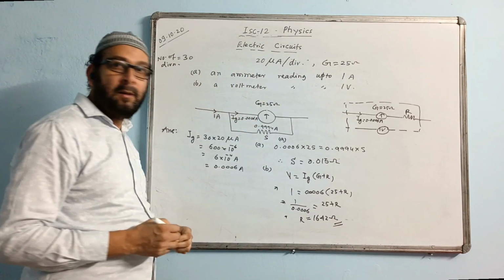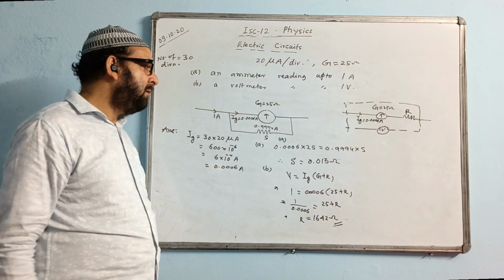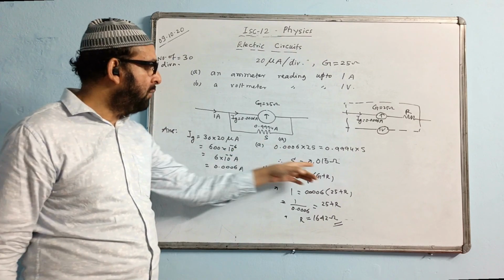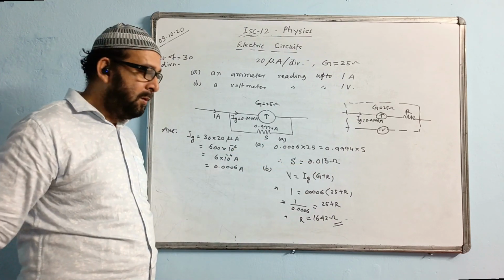This is the value of R. The value of R is high, and the value of S is very low, 0.015.